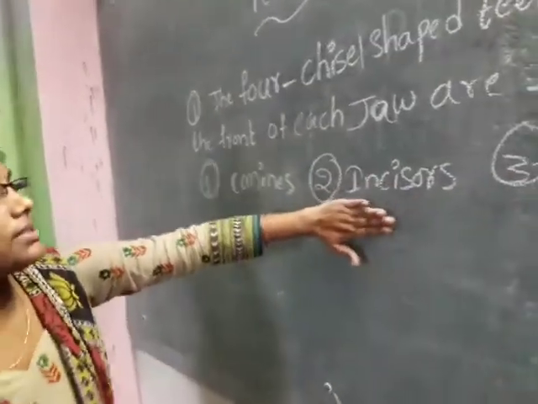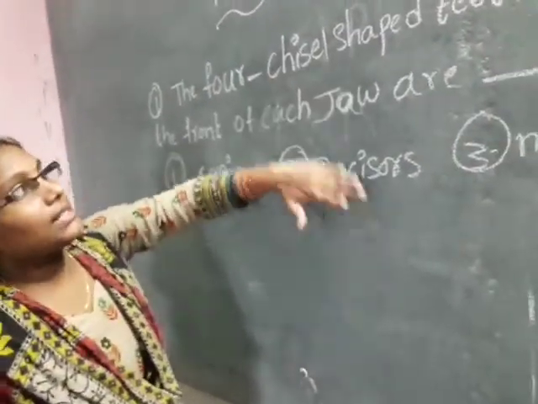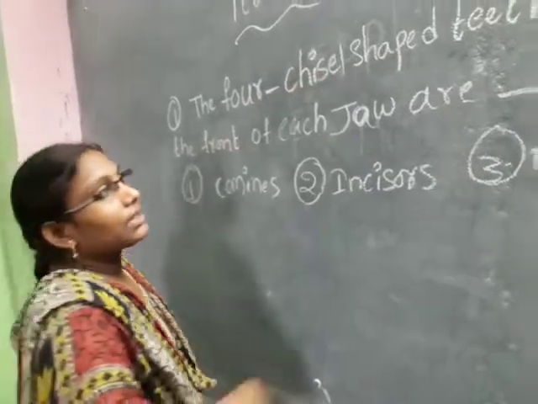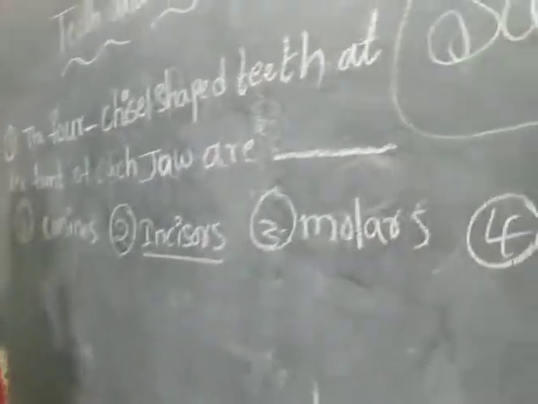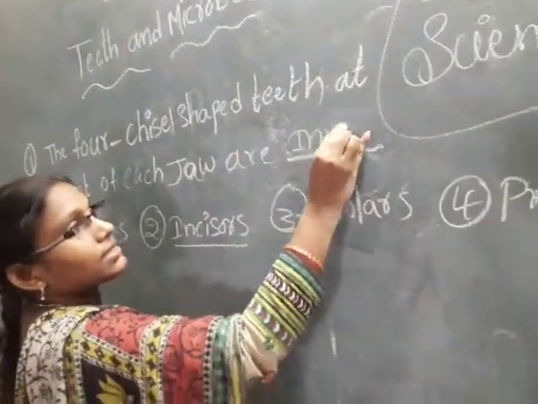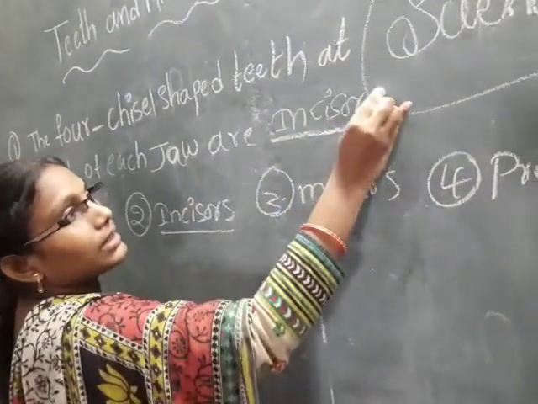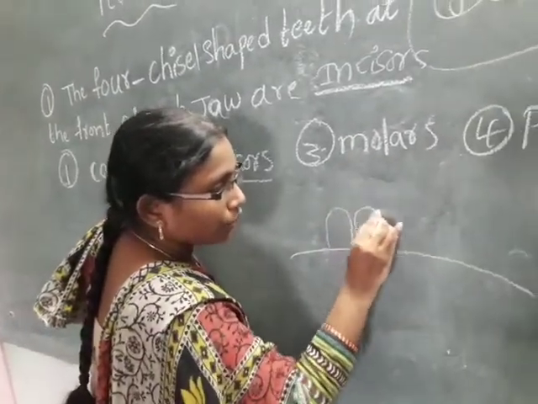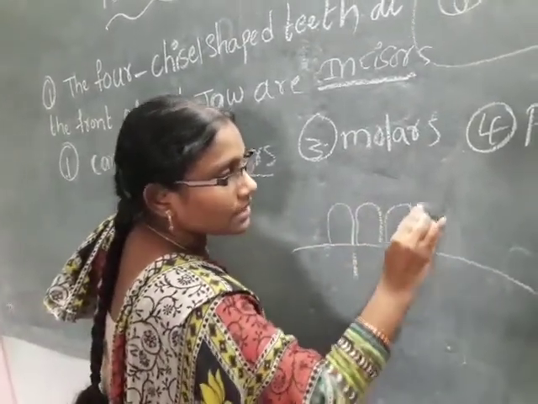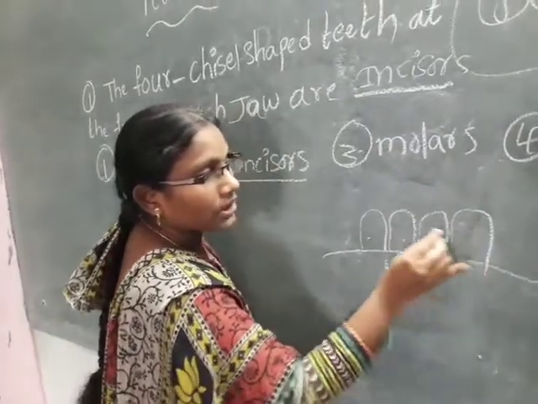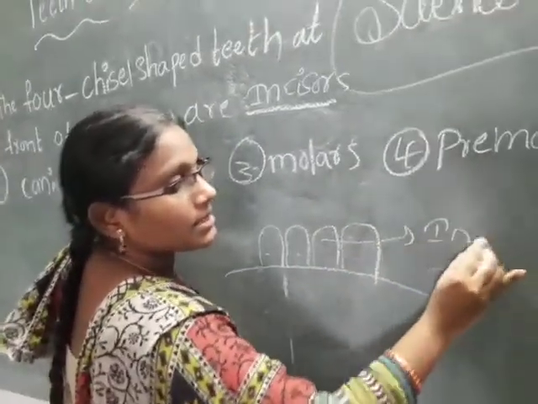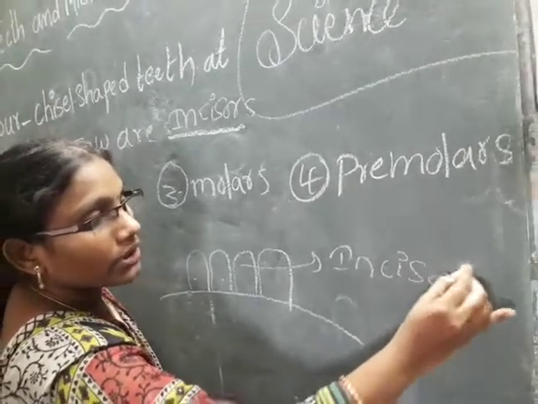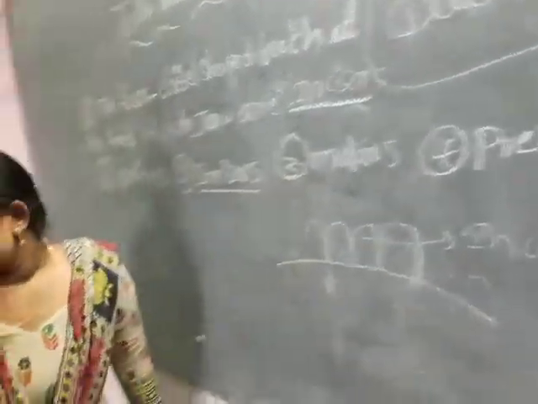These incisors are chisel shaped teeth. It is the front 4. Here, incisors is the correct answer. The front 4 teeth are called incisors.